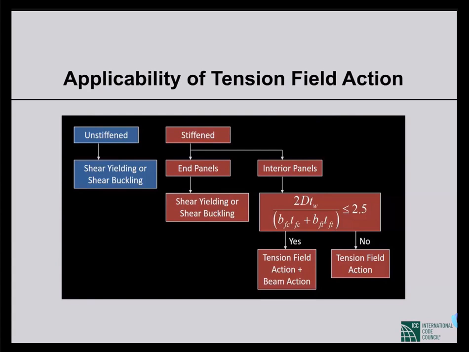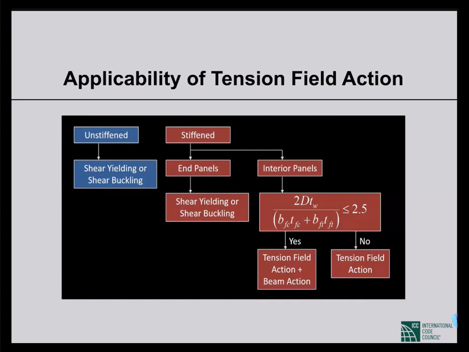If we have stiffeners, only in that case, but at the end panel, that is the panel near the support or near some concentrated load, in the end panels we cannot consider tension field action, because in those parts the shear is so high that we cannot rely on that.